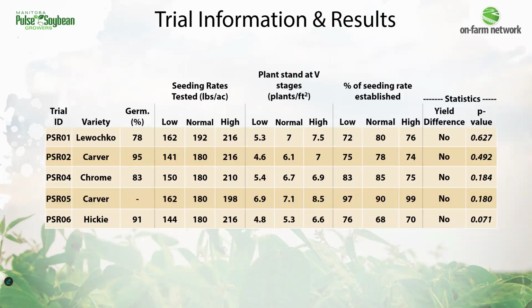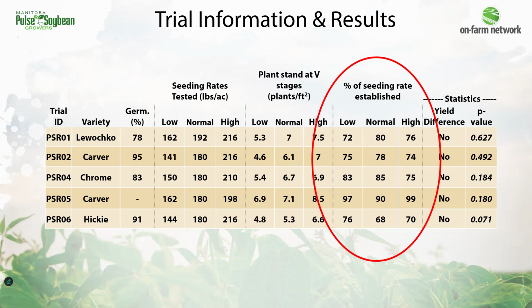Now getting into results, there are a lot of numbers on this table, but it shows for each trial the pea varieties tested, the germination percentage of the seed, and the 3 pea seeding rates that were tested.